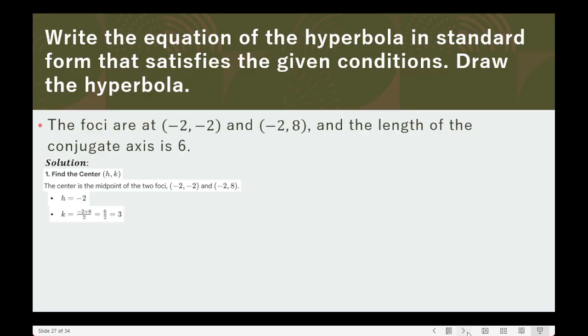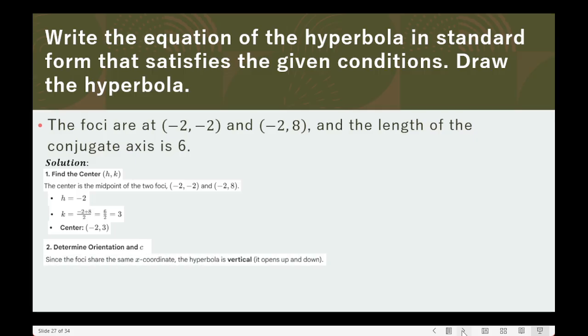For k, you just get the average of the two y coordinates from the two foci. So -2 plus 8 all over 2 will give you 3 for the value of k. Therefore, the center is at coordinates -2, 3. Then determine the orientation and the value of c.